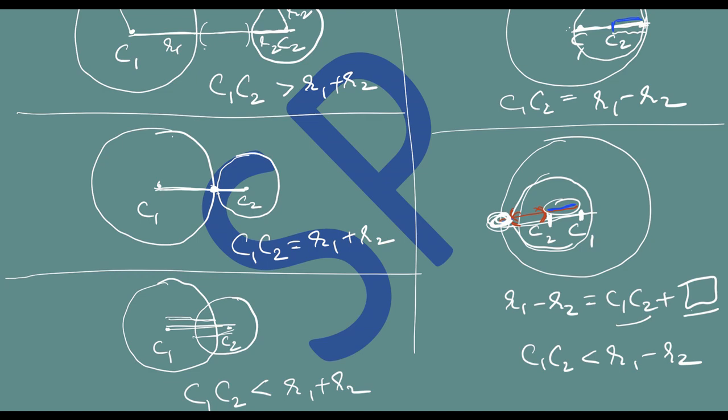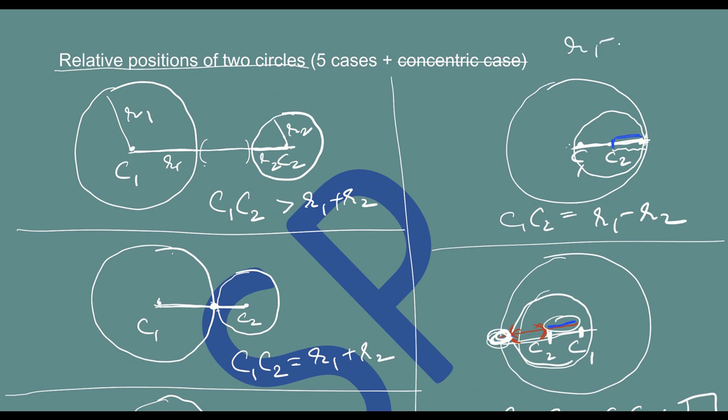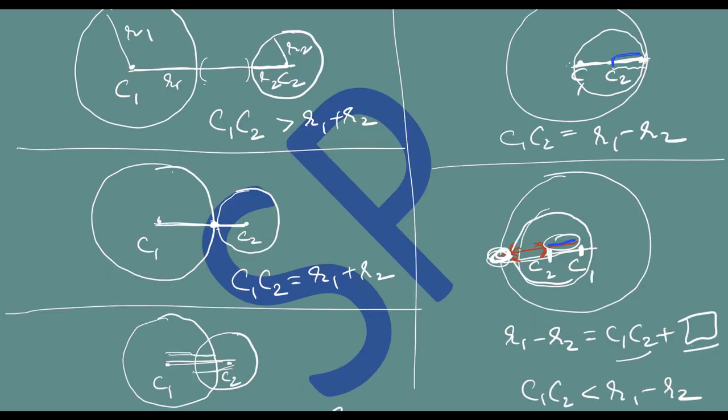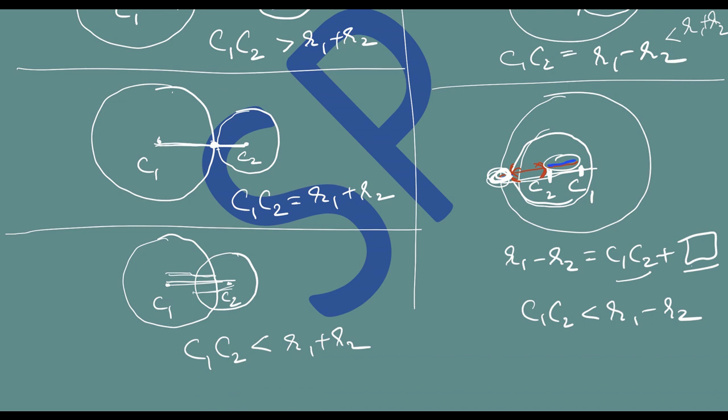I gave all these relations assuming that R1 is greater than R2. So now I want you to observe that if C1C2 is equal to R1 minus R2, this is obviously less than R1 plus R2. If C1C2 is less than R1 minus R2, this is also obviously less than R1 plus R2.